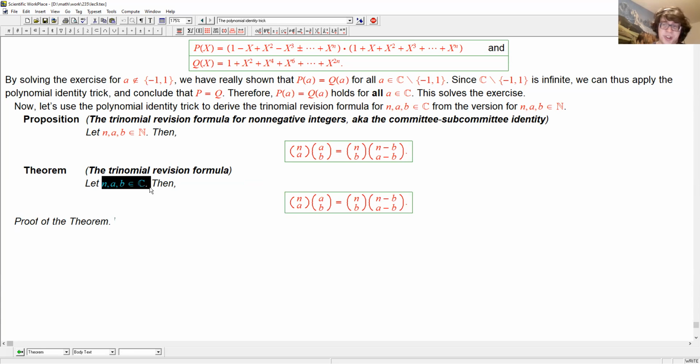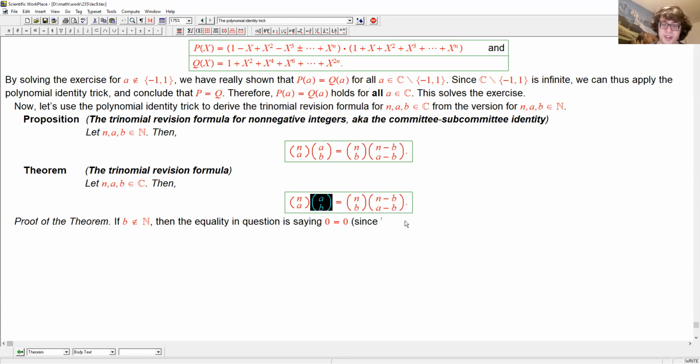Okay, let n, a be in C. First of all, I'm going to make some WLOG assumptions. If b is not a non-negative integer, then this equality boils down to 0 equals 0. Why?